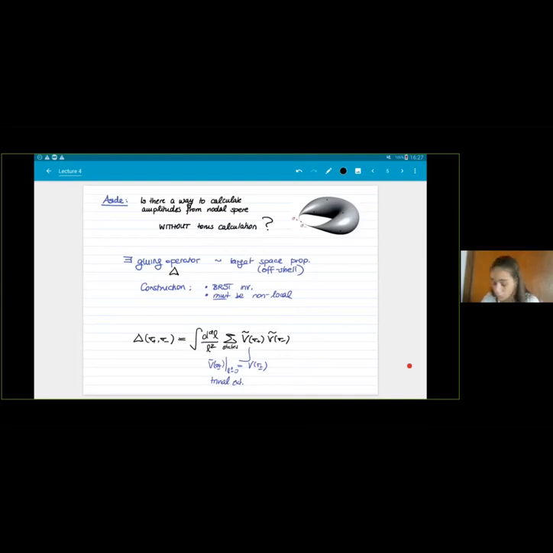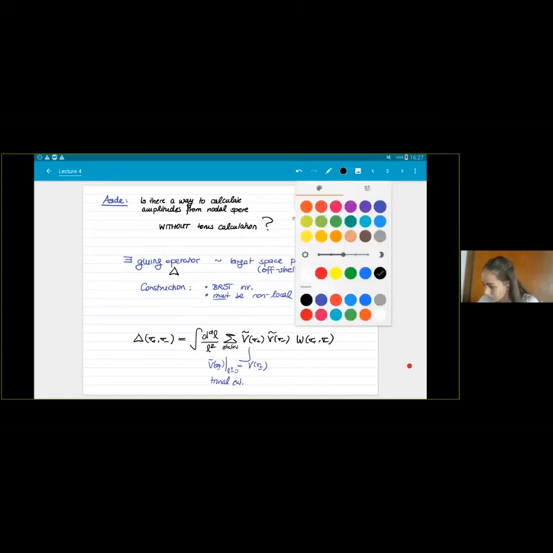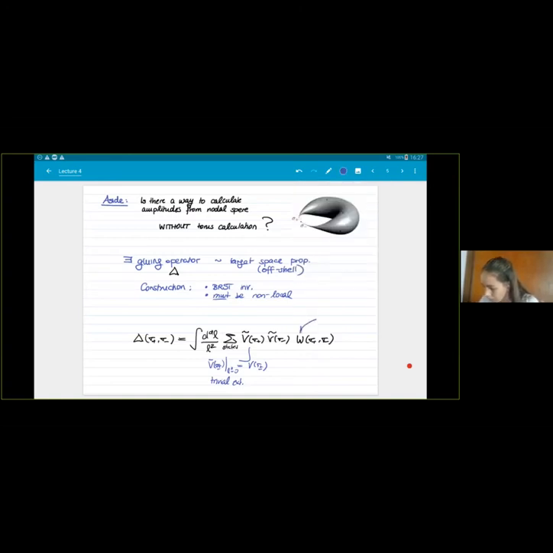And so clearly what we should include is another factor, whatever is required to make this BRST invariant.